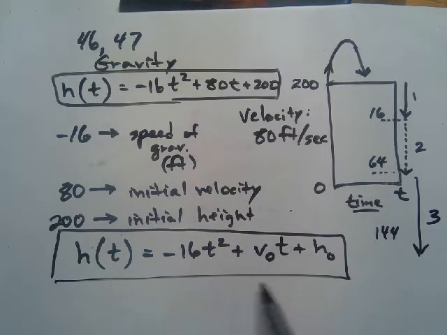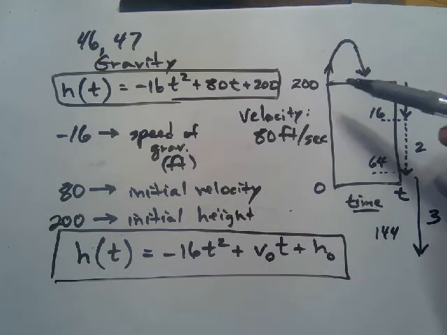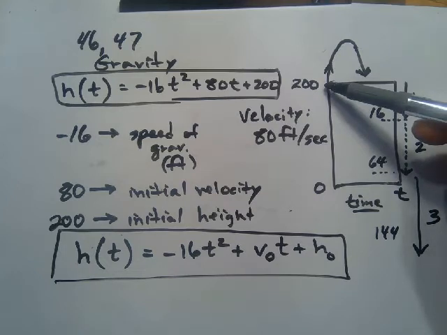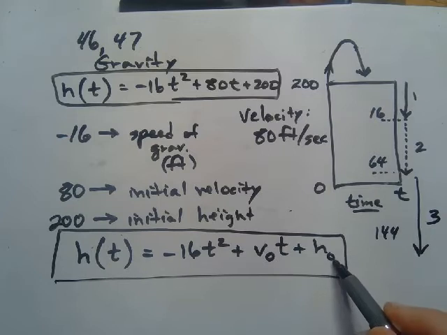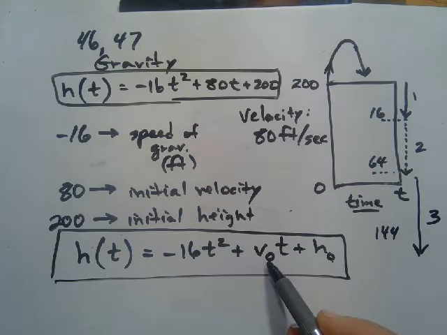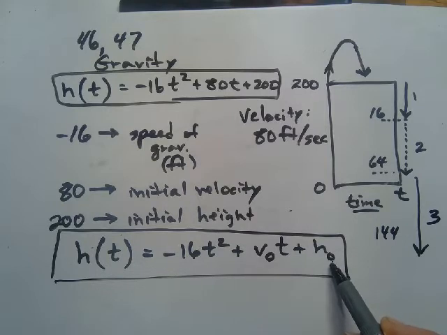So we're going to be using this. You'll need to know it. You're going to plug in that initial velocity for v sub 0. For h sub 0, you're going to plug in the height when you shoot the thing off, or when time starts. That's what the 0 stands for, when time is 0. Velocity when time is 0, height when time is 0.